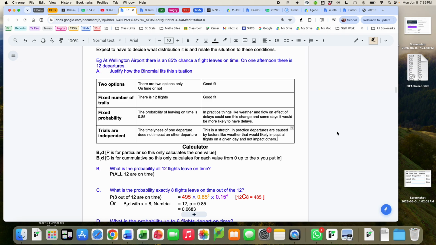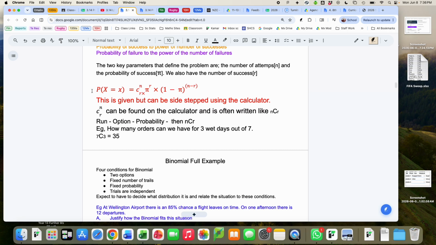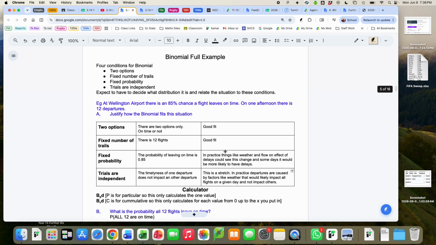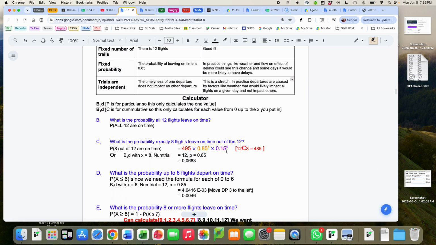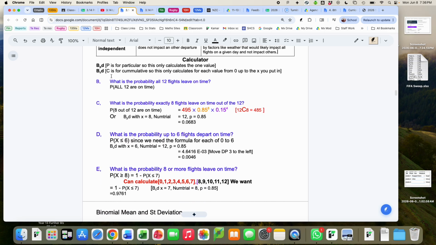No. Okay, so there's a separate clip about how to deal with this on the calculator, because the beautiful red formula can be dodged if you know how to drive your calculator properly. Then you'd be silly not to. So here's standard sort of questions. What is the probability all flights leave on time?